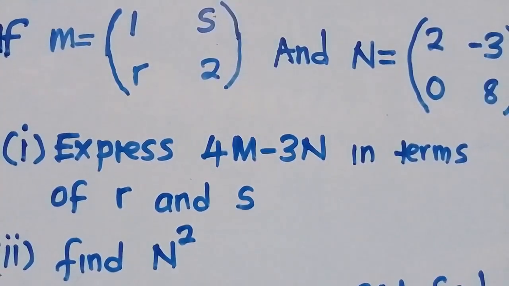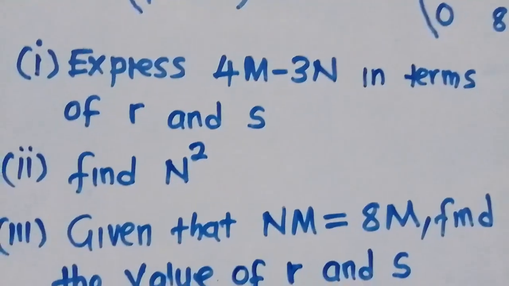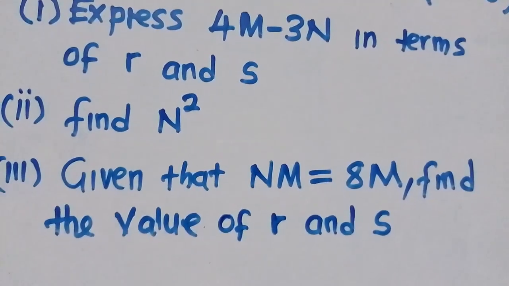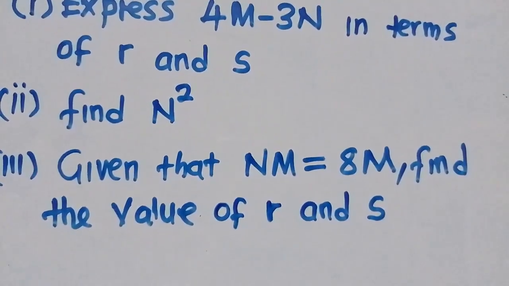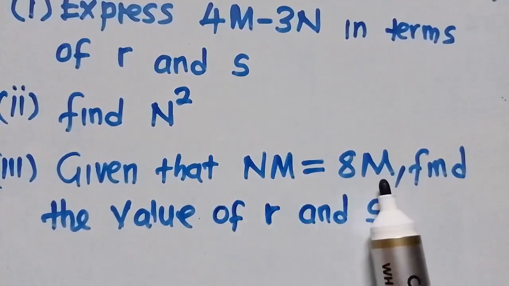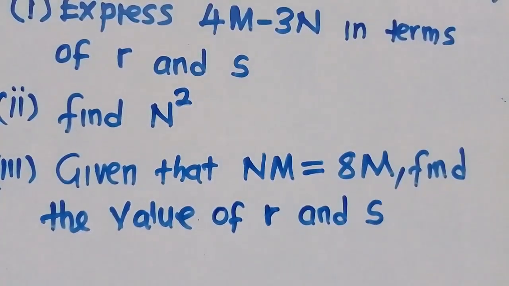So you get n, then you square it. We've got the third question, which we are going to revise. Here we are told that given that mn is equal to 8n, find the value of r and s. These are the questions that I'm going to revise with you.